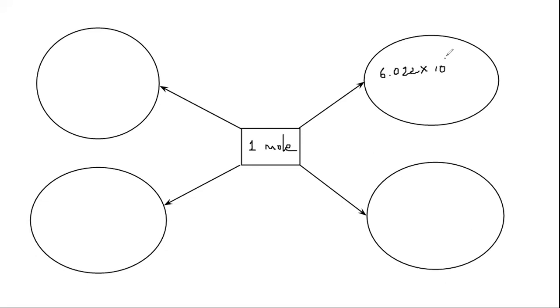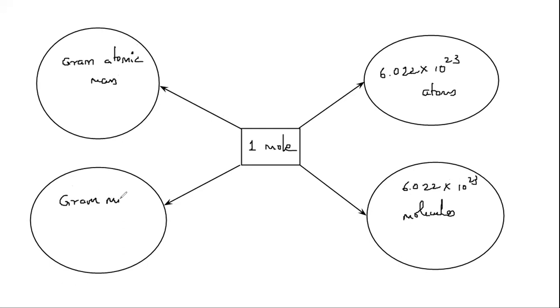6.022 into 10 raised to 23 atoms, or 6.022 into 10 raised to 23 molecules, or gram atomic mass, or gram molecular mass, right?